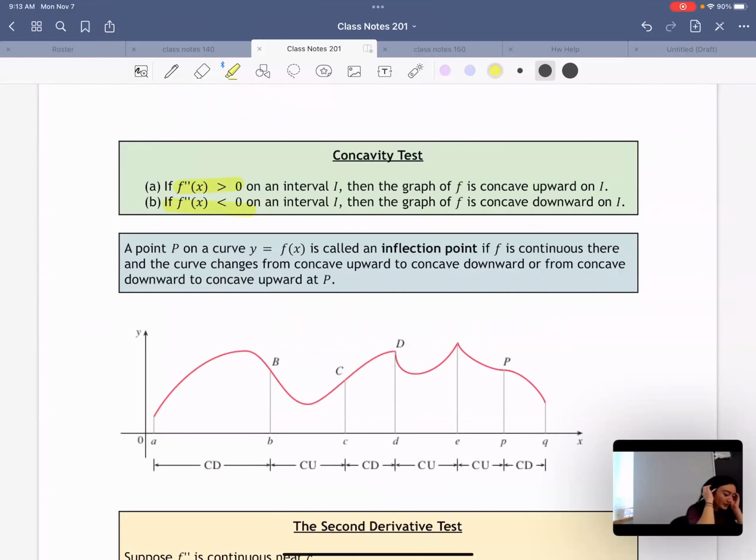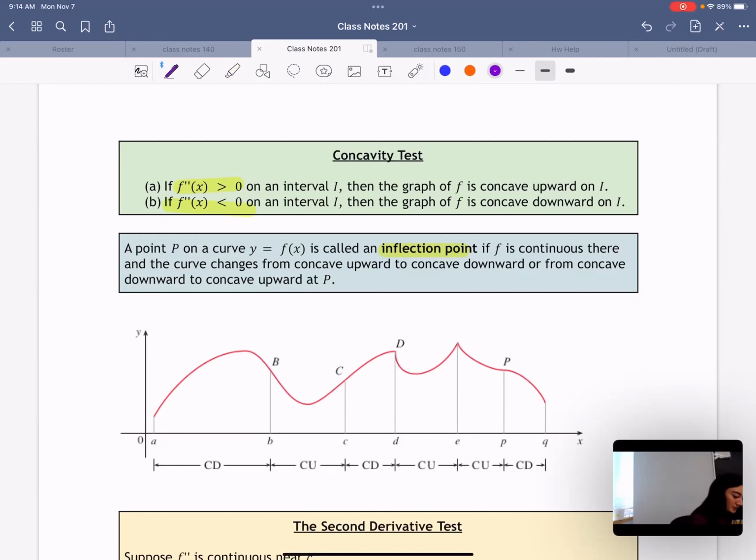We also have the definition of an inflection point. Technically, an inflection point is where the function is continuous, the second derivative is 0, and we're switching from concave up to concave down, or concave down to concave up. So when the second derivative changes signs, that's what we're calling an inflection point.